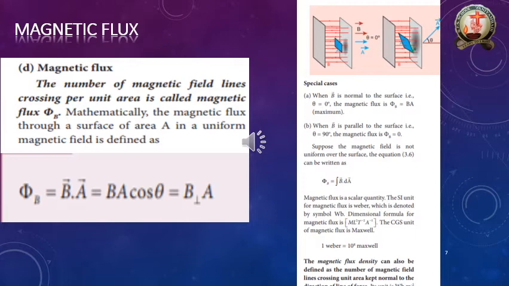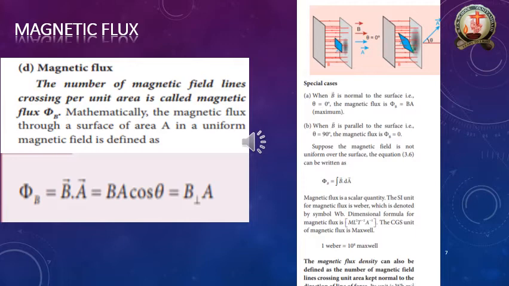Mathematically, the magnetic flux through a surface of area A in a uniform magnetic field is defined as phi suffix b is equal to B bar dot A bar is equal to BA cos theta. Okay, so this formula is only for uniform magnetic field conditions. Remember the definition: the number of magnetic field lines crossing per unit area is called magnetic flux. The term indicating the magnetic flux is phi suffix b.